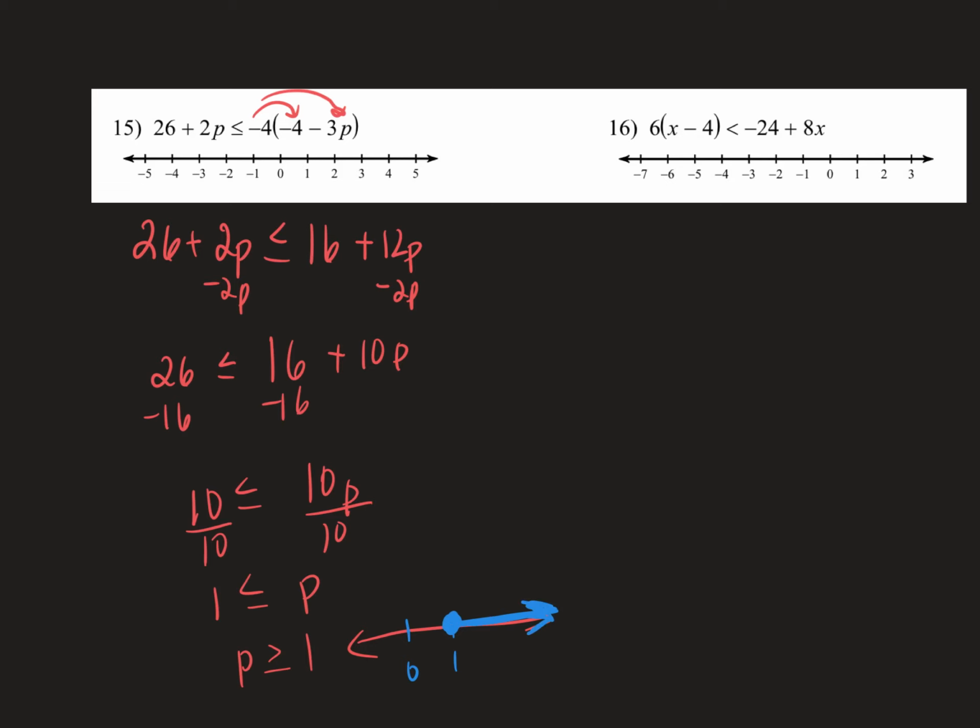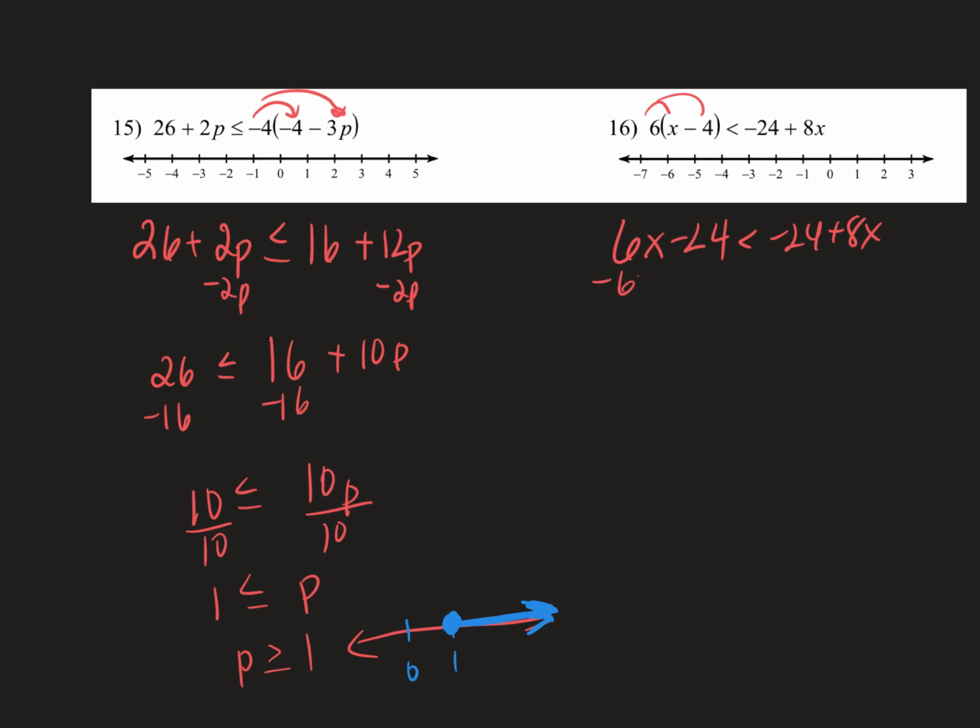The next one I'm going to distribute over here on the left. So 6x minus 24 equals negative 24 plus 8x. Oh, it's not equals, oopsie. Is less than negative 24 plus 8x.